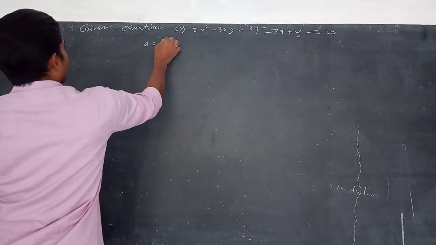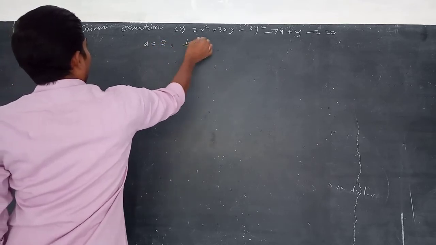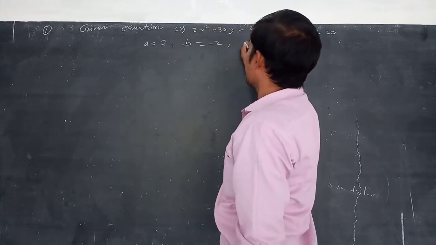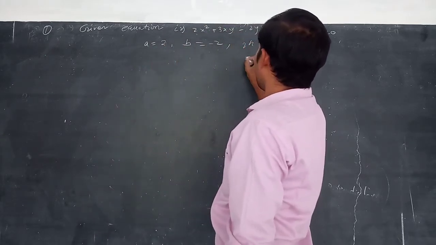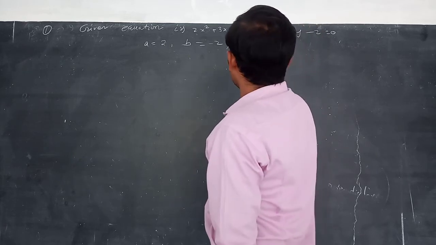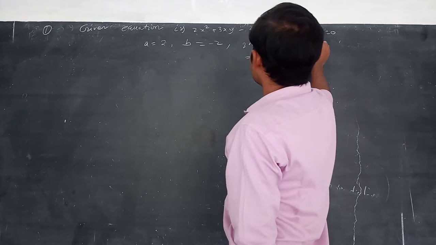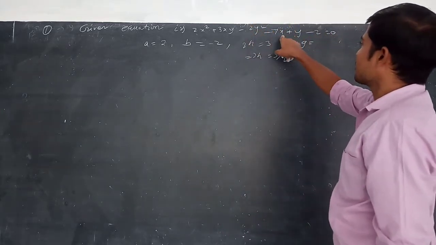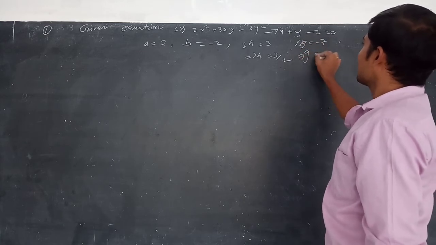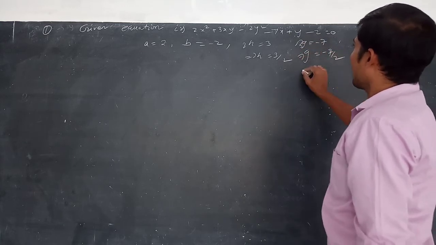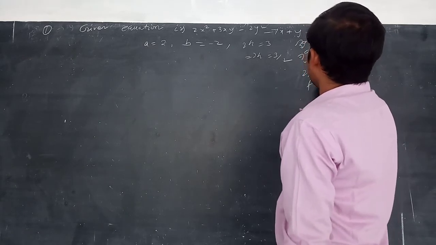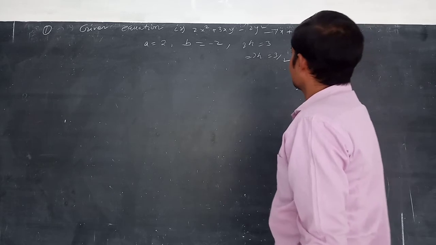Here a equal to 2, b equal to minus 2, and 2h equal to 3, then h equal to 3 by 2. Then 2g equal to minus 7, g is equal to minus 7 by 2, and 2f equal to 1, f equal to 1 by 2.